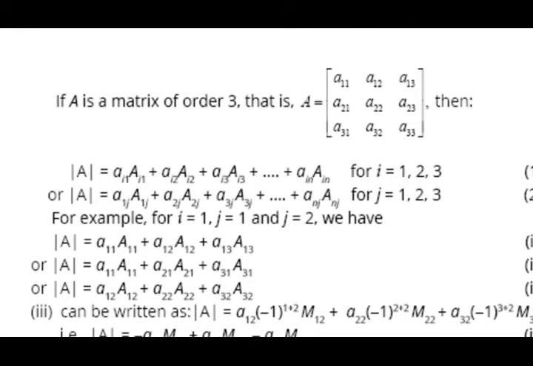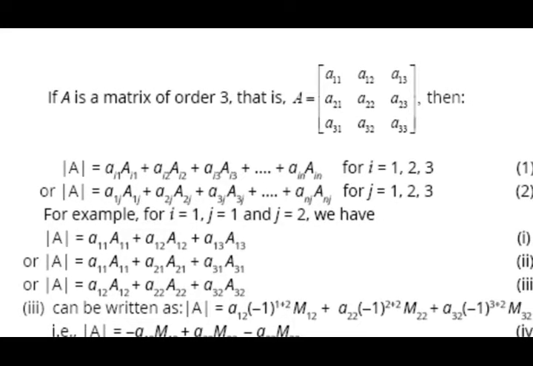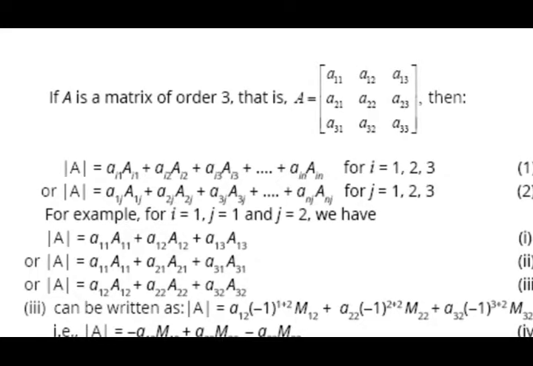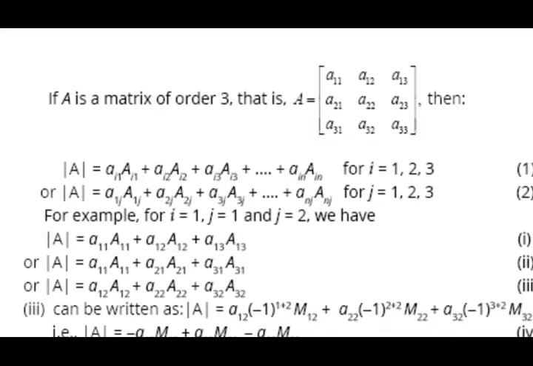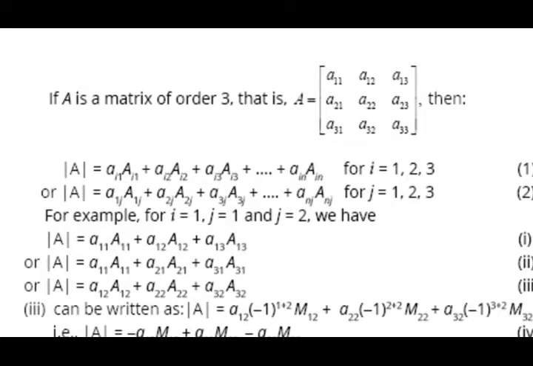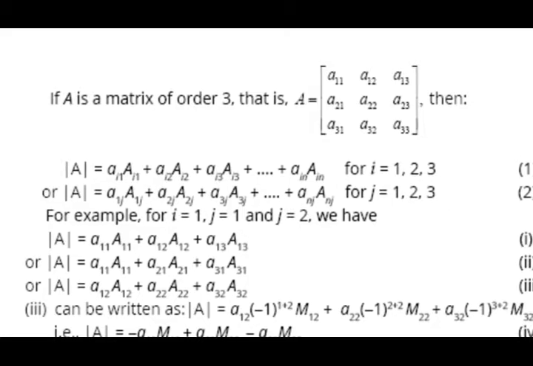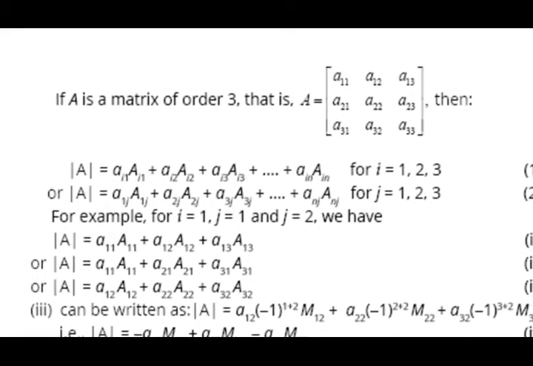If A is a matrix of order 3, we write it as a11, a12, a13 in the first row. a11 means first row, first column. a12 means first row, second column. a13 means first row, third column. In the same way, a21 means second row, first column, a22 second row, second column, and a23 means second row, third column.